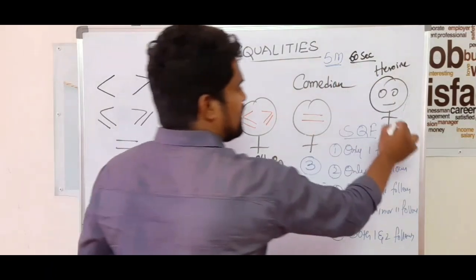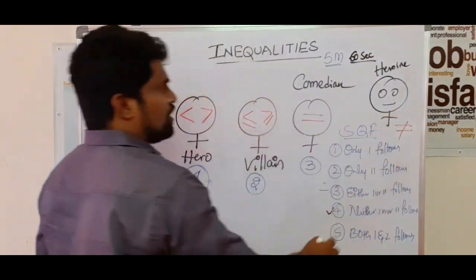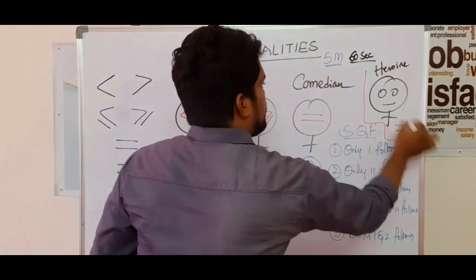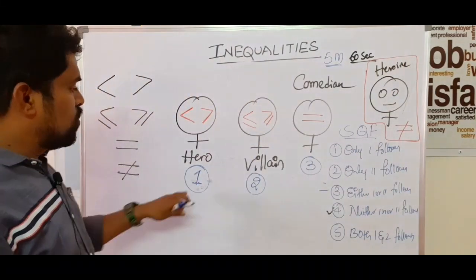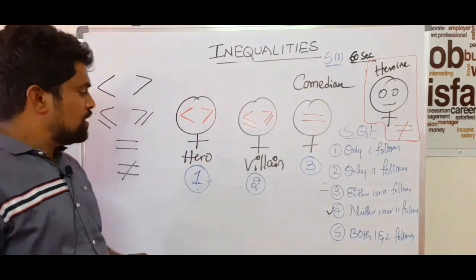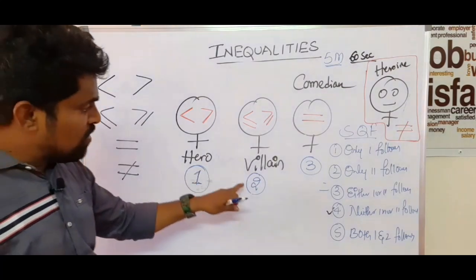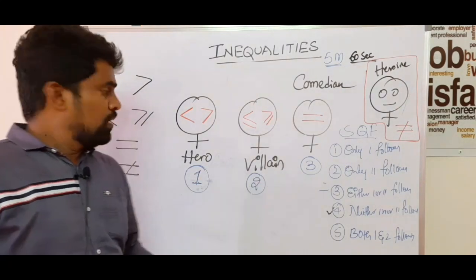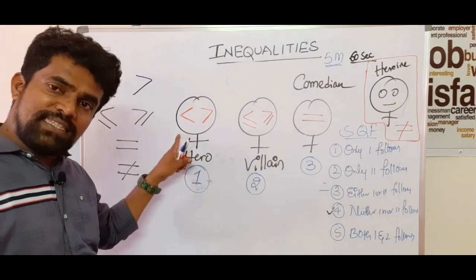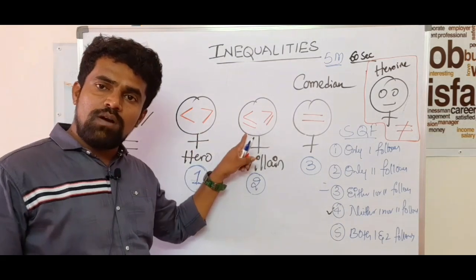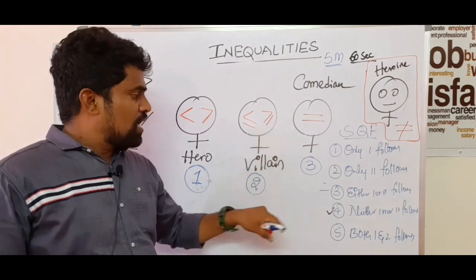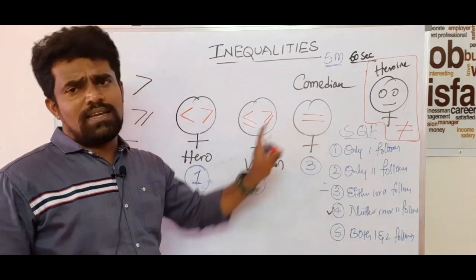And heroine in the sense, not equal. So heroine we kept aside. In a later session I will explain in detail. First go for these three characters: one is hero, second is villain, third is a comedian. Hero in the sense, either less than or greater than. Villain in the sense, either less than or equal to or greater than or equal to. Comedian in the sense, just equal.